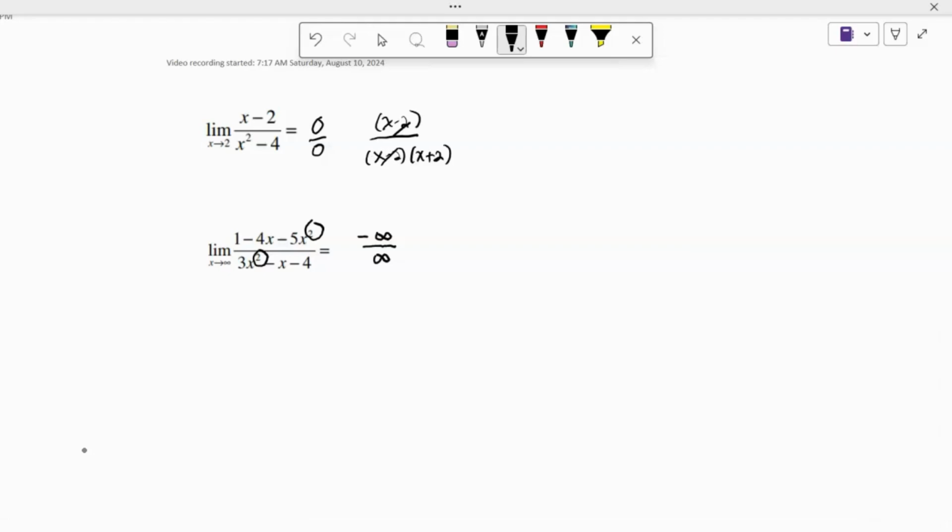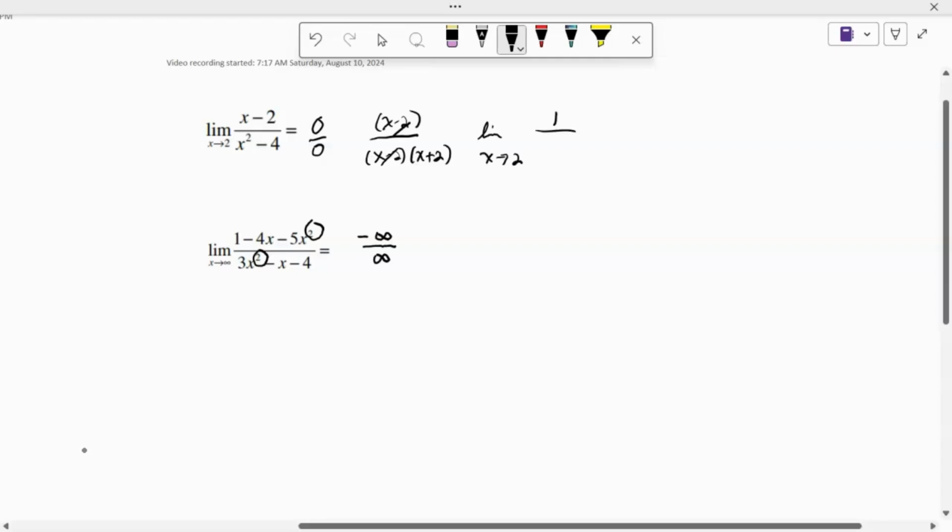So if we weren't using L'Hopital's rule here in this first one, we would get the limit as x approaches 2 of 1 over x plus 2, which would equal, now we can use direct substitution and plug in 2, and we would get 1/4.